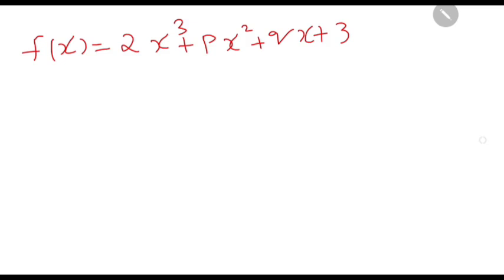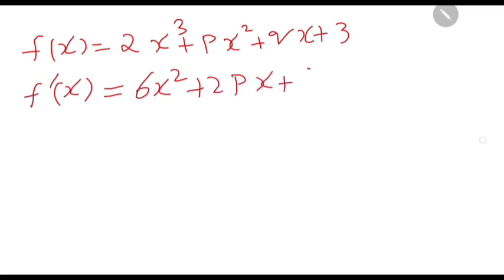If you need to find the turning point, the first derivative must be equal to 0. So I need to find the first derivative of this graph: 6x power 2 plus 2px plus q, the derivative of 3 is going to be 0.